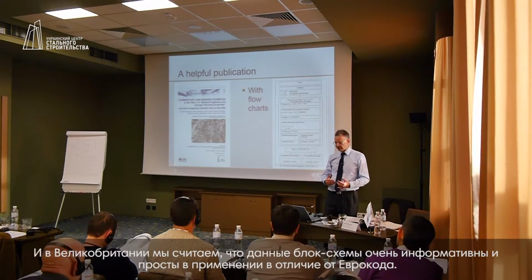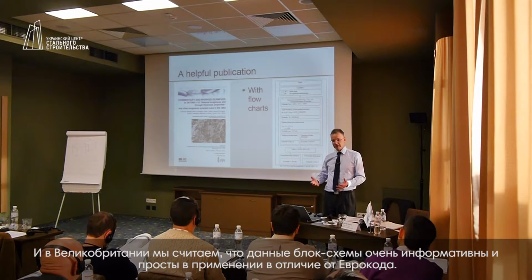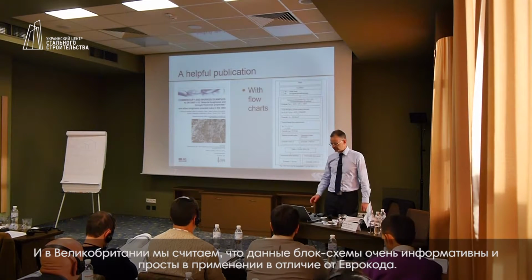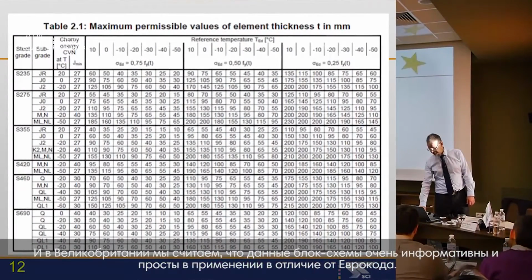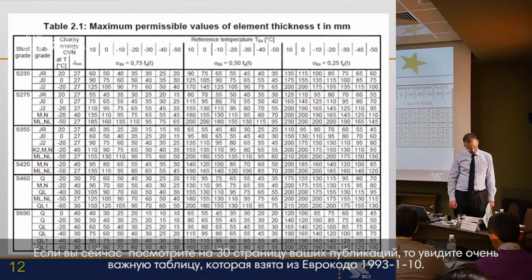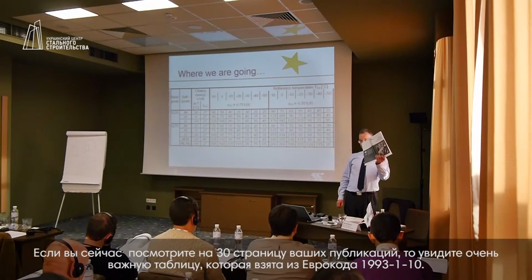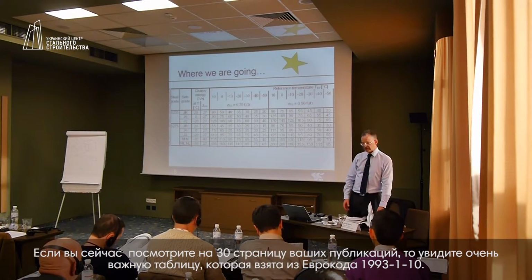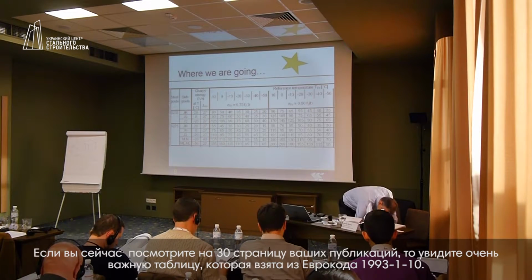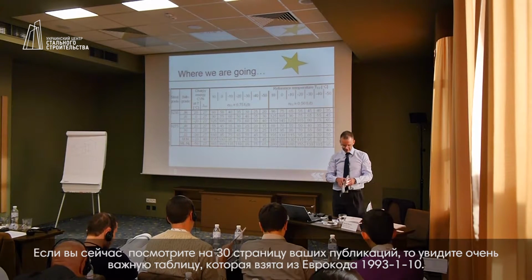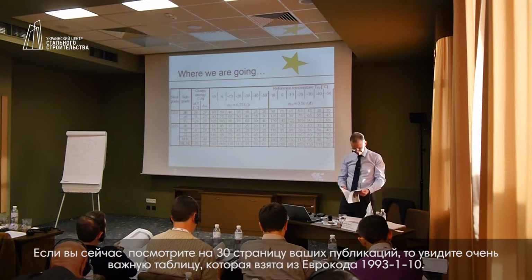Now in the UK we would find these flowcharts very useful because we find the core Eurocode very, very complicated. So if you look on page 30 of this guide, that's the important table which has been extracted out of 1993-1-10.